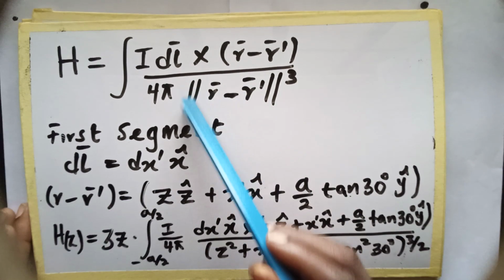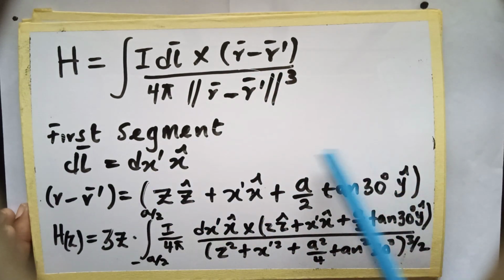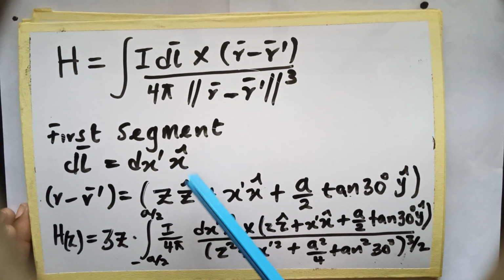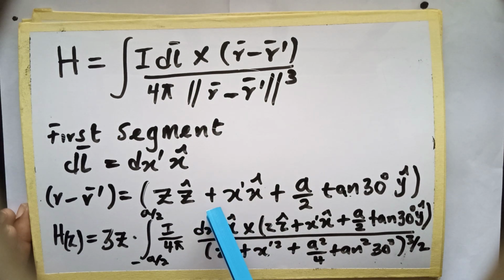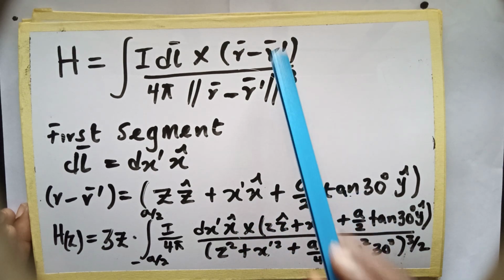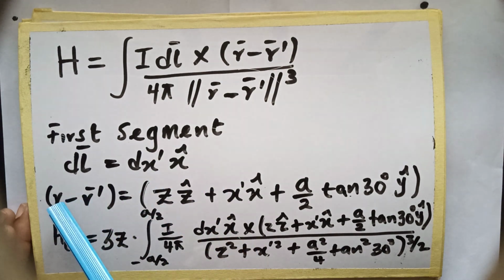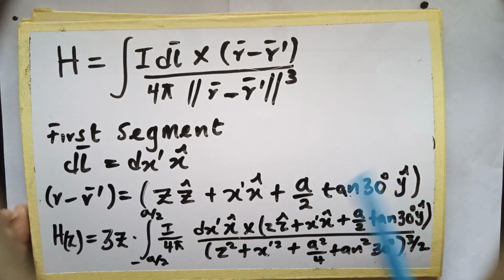Hence, to determine these parts, we'll just take the magnitude of this, which will give us z squared, x squared, and everything here squared, which will give us this. Meanwhile, our dl is equal to dx prime x cap. This symbol here is called the cross product. We cross this expression, which is our dl, with our r vector, which is this expression.